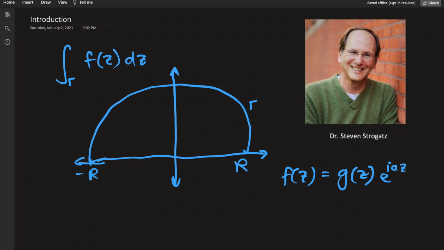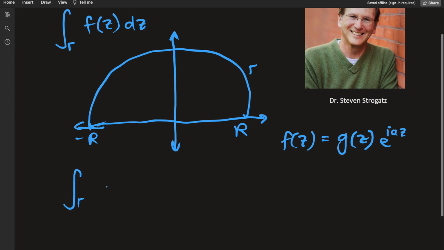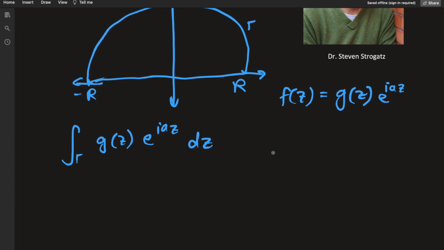Now I'm just going to write it inside the integral: integral over gamma of g of z e to the i a z dz. Now let's try parameterizing it. Let's take z equals r times e to the i theta, and theta will go from 0 to pi because it's a semicircular region.